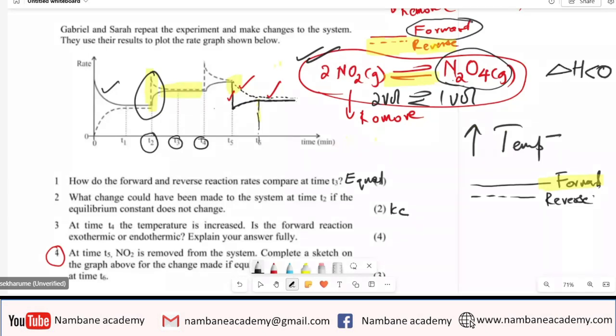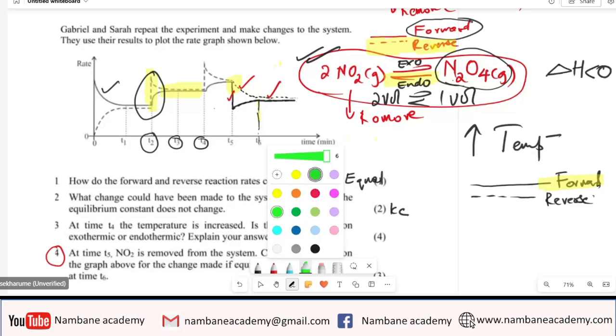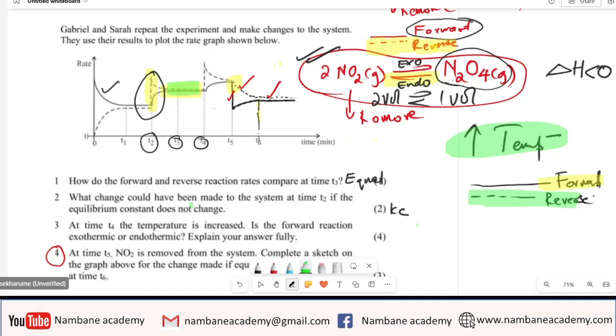If I'm increasing the temperature, the forward is exothermic, so I'm going to favor the reverse reaction. The reverse reaction will be favored. The reverse, the dotted line, will be favored. So meaning here, there's an increase in temperature.